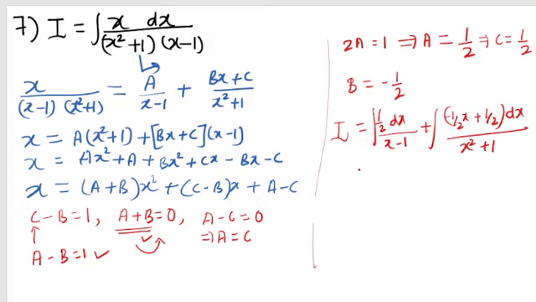That means finally 1 by 2 will come outside, and here we can write log mod x minus 1.